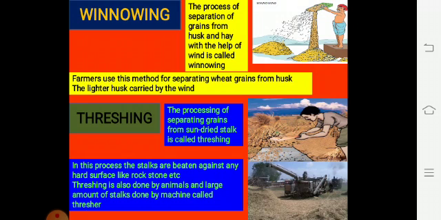In this process, the stalks, meaning stems with grains, are beaten against any hard surface like rocks, stones, etc. Threshing is also done by animals, and large amounts of stalks are done by machines called threshers. Have a look at the given picture. The upper one indicates threshing done by hand and the lower picture indicates threshing done by machine.